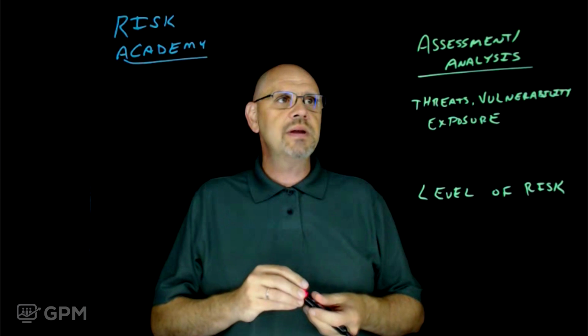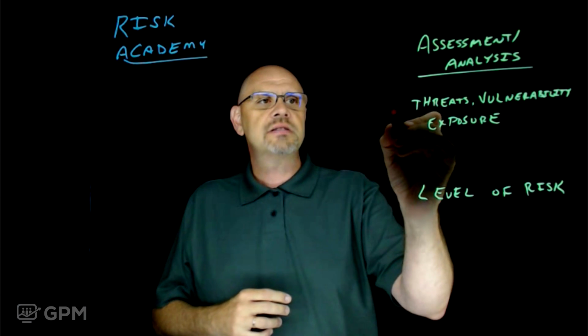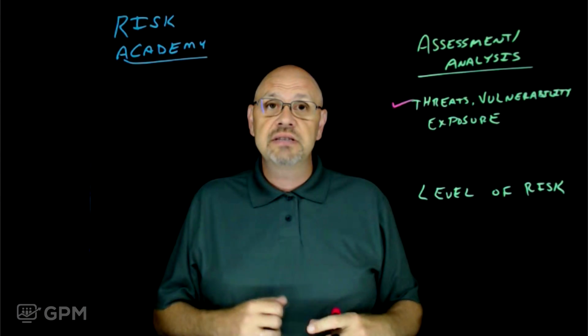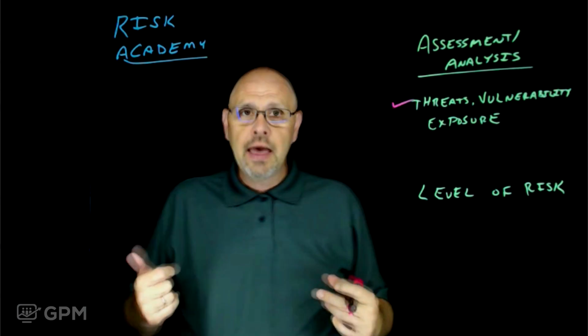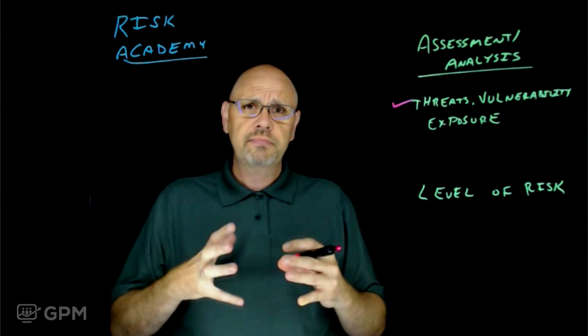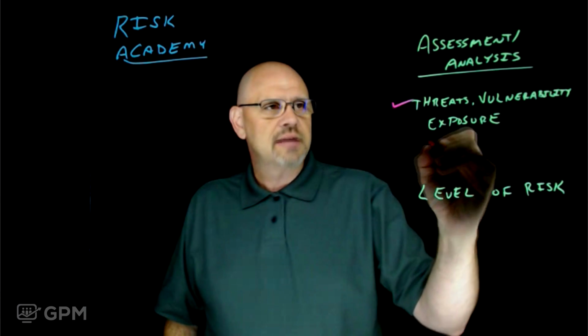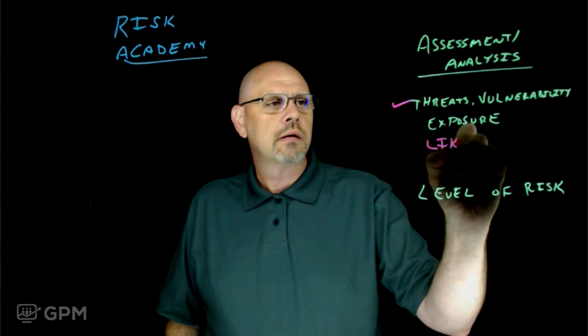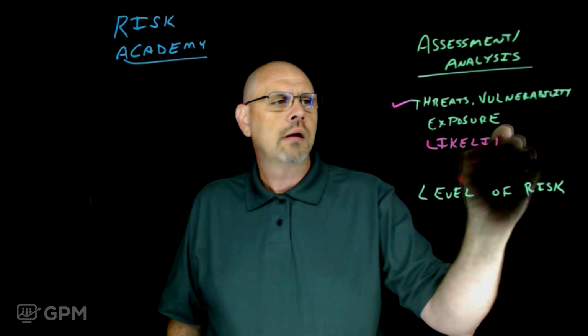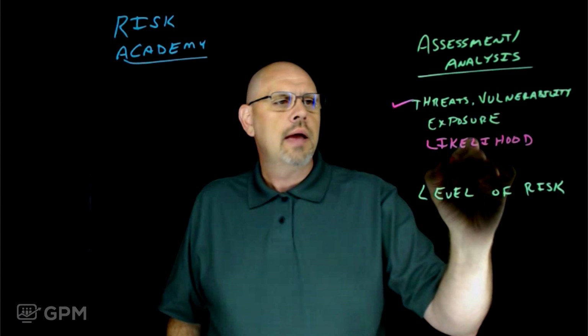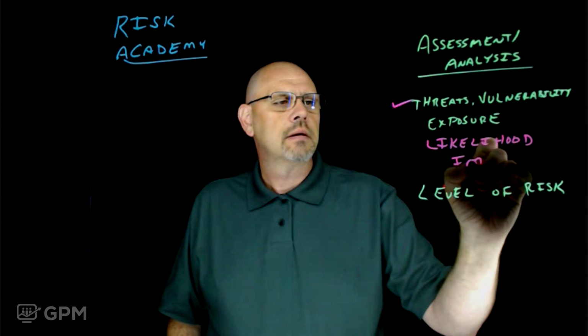So the assessment and the analysis piece literally starts looking for threats, vulnerabilities, and exposures. Okay, those are technical terms that you see. I like these better. It's the likelihood and the impact.